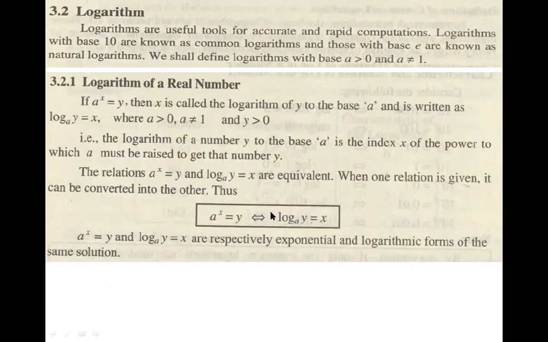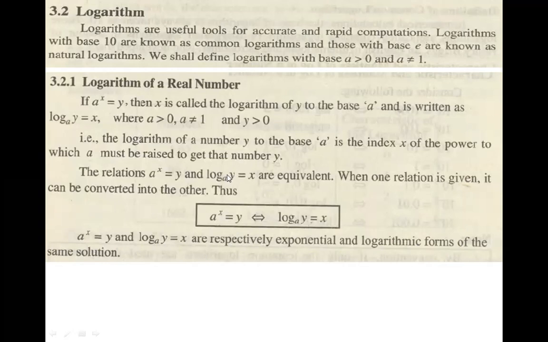These are equivalent relations. These two relations are equivalent relations. This is the first one, and this is the second one. These are called the exponential and the logarithmic forms of the same relation. This is the exponential form. This is the logarithmic form. We may write this exponential form into the logarithmic form and the logarithmic form into the exponential form.